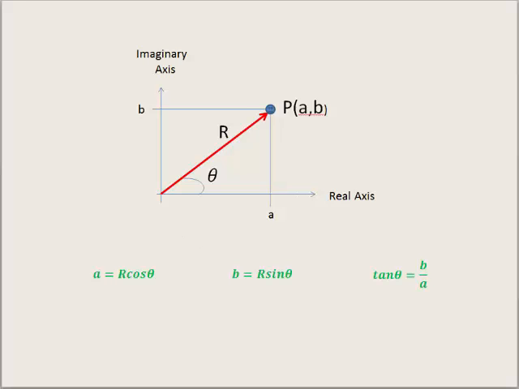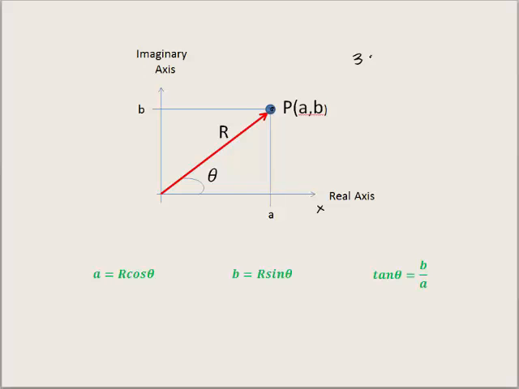Here's an introduction to complex numbers. Usually we have a point on a graph, and we have what we refer to as the x-axis. That is called the real axis.